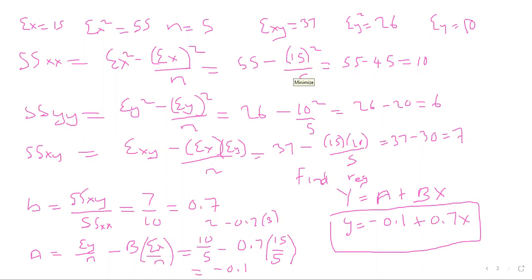Now, since it's a prediction equation, the follow-up question would be, if x is 10, what is y? To find y, we replace where there's x. So we know that y is negative 0.1 plus 0.7x. What do we put where there's x? Put a 10.